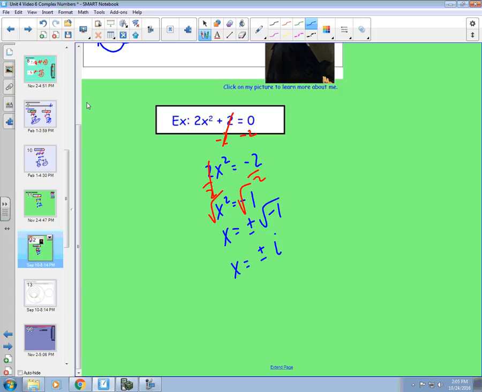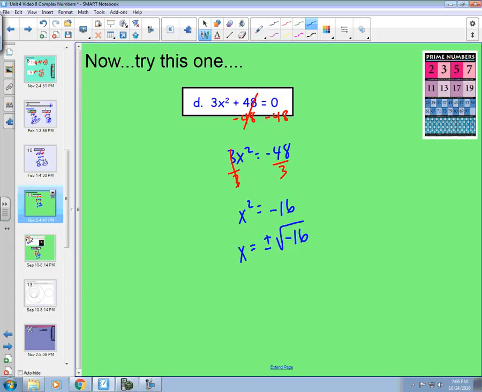There is, like I said, some application that we'll be using later with something along with i. So let's go back. This problem that we were just doing, D, we can actually solve it now. Anytime you have a negative inside your square root, that's going to become i. So negative in the square root becomes i.